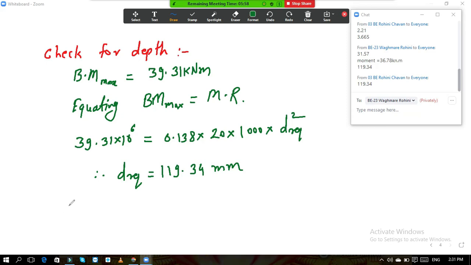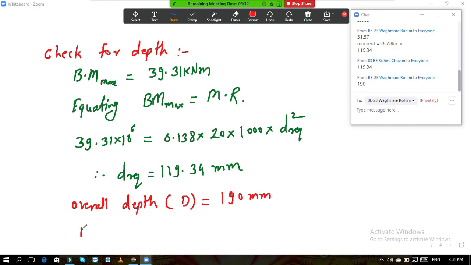So now effective depth, first we need to find out what is our effective depth, then only we can compare. So our overall depth D is equal to 190 mm.